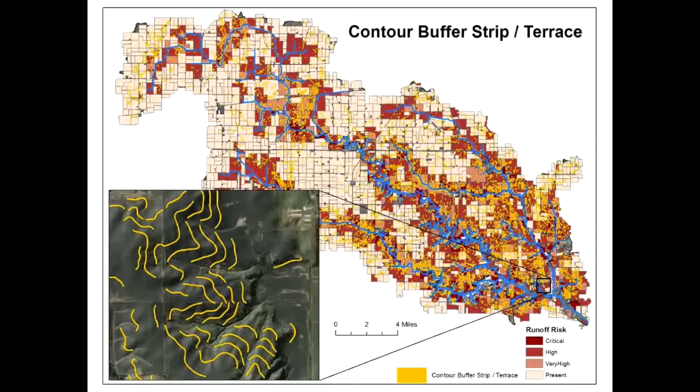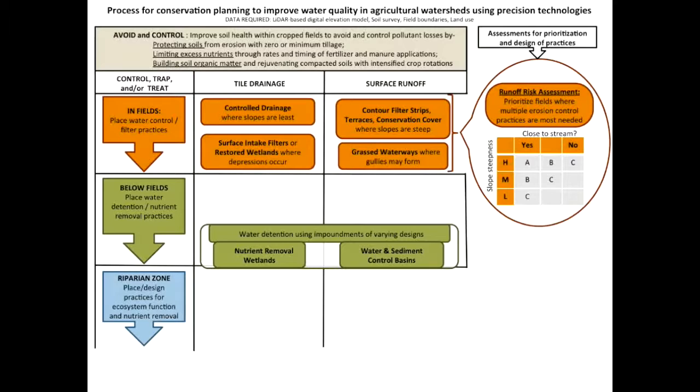I'm going to shift down now to look at practices placed at field edges and below fields. There are several practices that we have out there that are installed using impoundments. The first one I've got is water and sediment control basins.